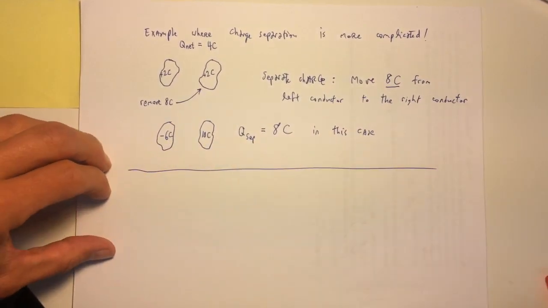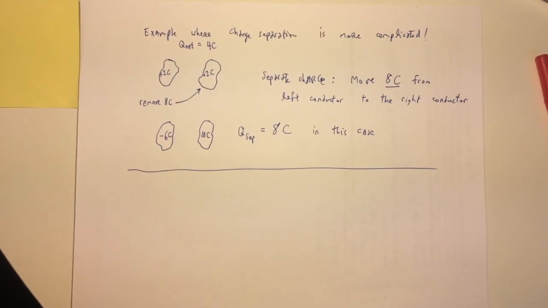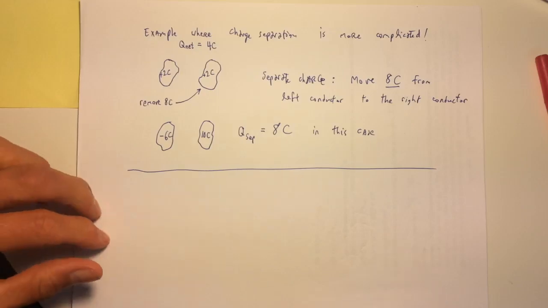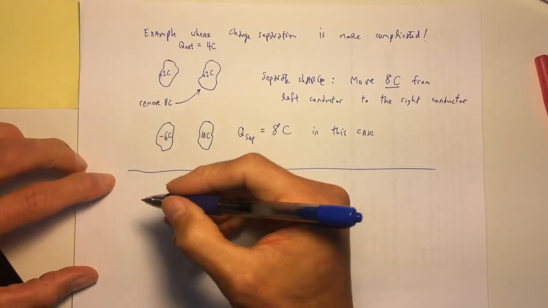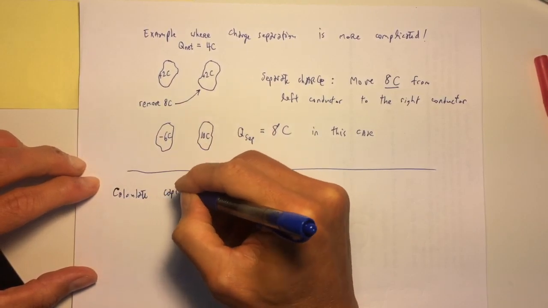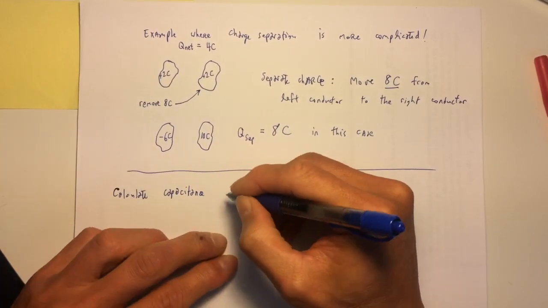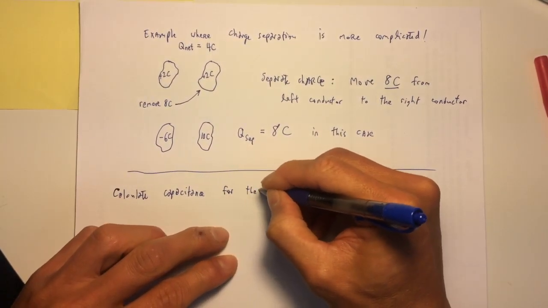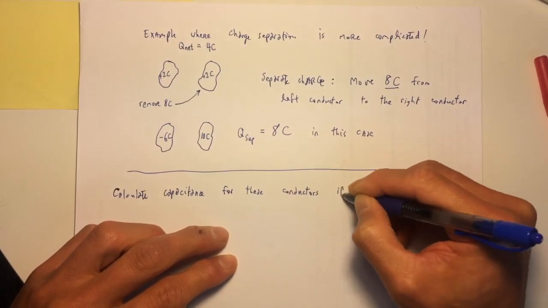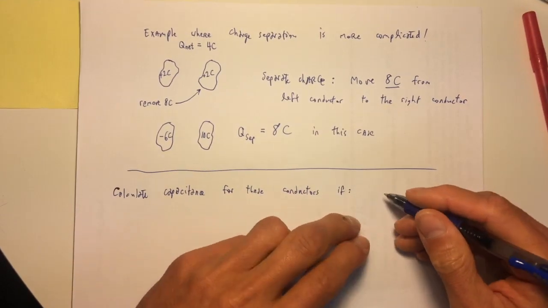So let me give you an example that's backwards, because in problems and test questions, it tends to come in the reverse order. So the example I have in mind is this one. Calculate capacitance for these conductors if, so I'm just going to give you the data in a picture.